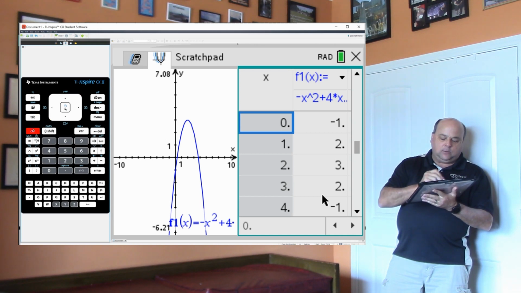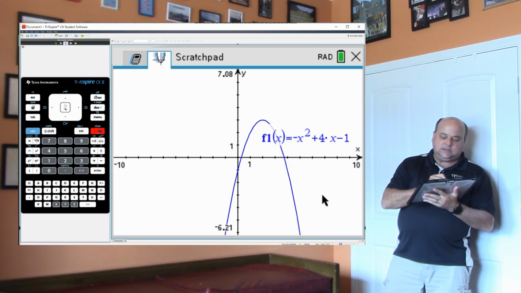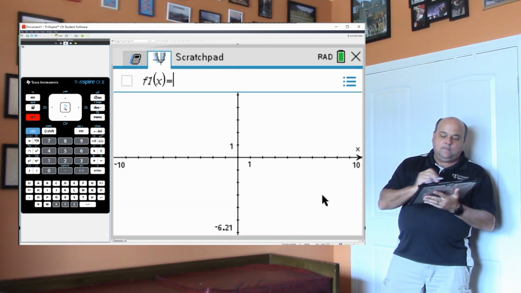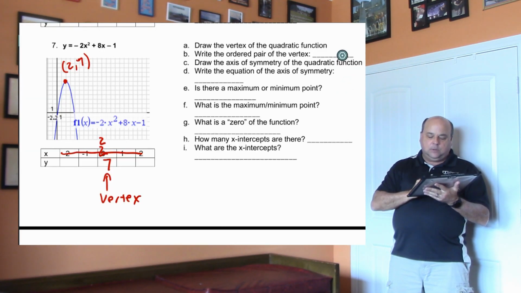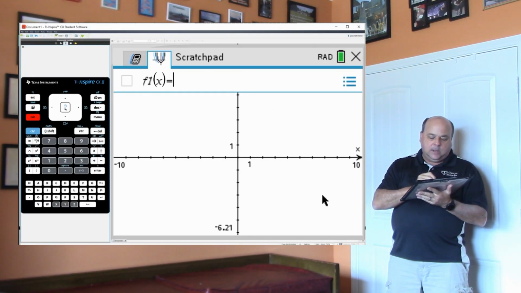Hit Control-T, get rid of the table. Hit Delete, Delete, Delete. This is kind of tedious to do over and over. Then we're going to hit Tab. Remember, if it doesn't say F1X, you have to hit Menu 3-1. And then we're going to type in negative 2x squared plus 8x minus 1.